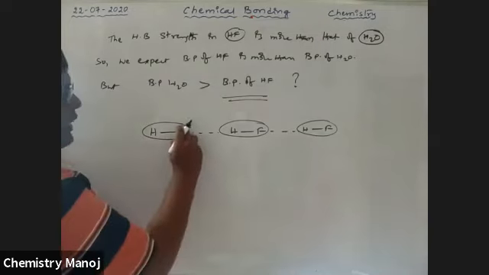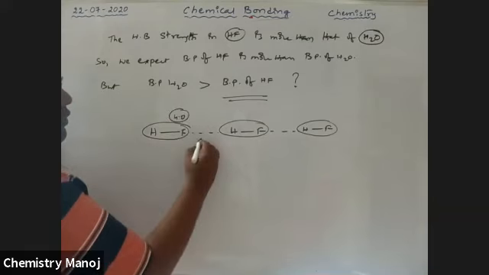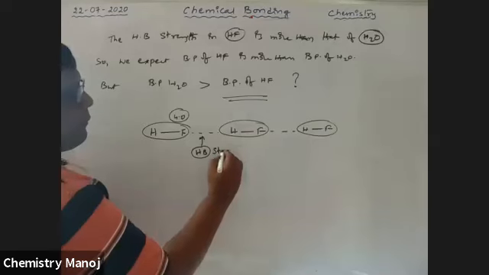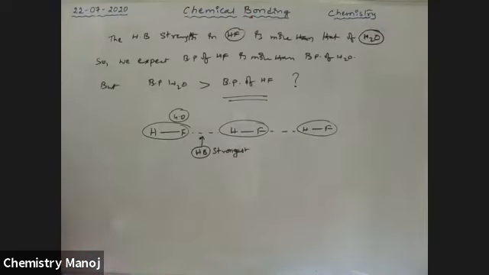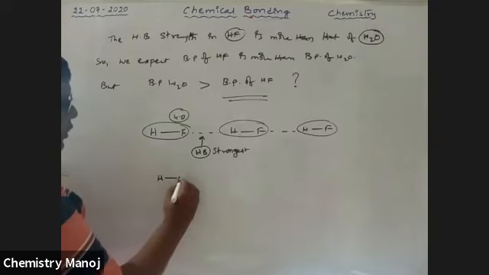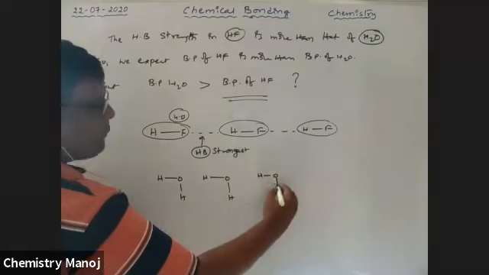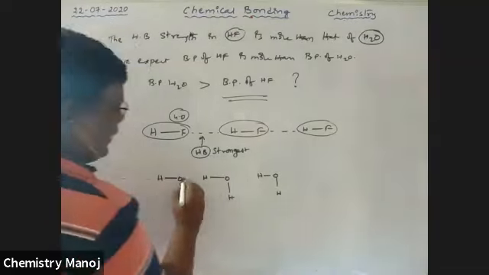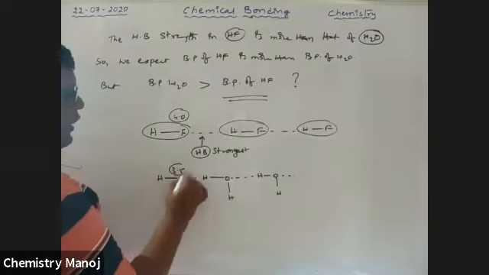Here, fluorine is the highest electronegative element. Fluorine has 4.0. Therefore, this is the strongest hydrogen bond. Okay, so in H2O, these are H2O molecules. Here hydrogen bonds are there, but it is 3.5 only.